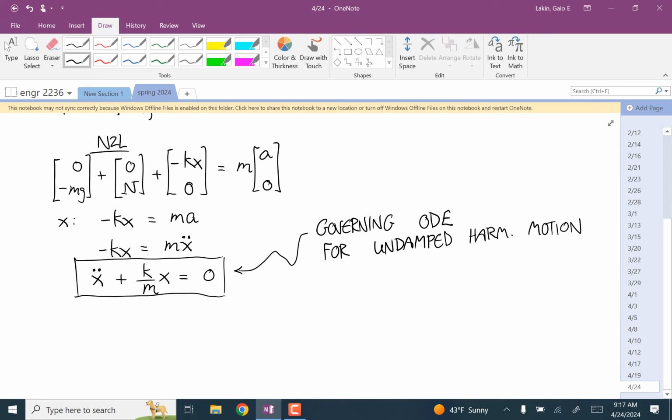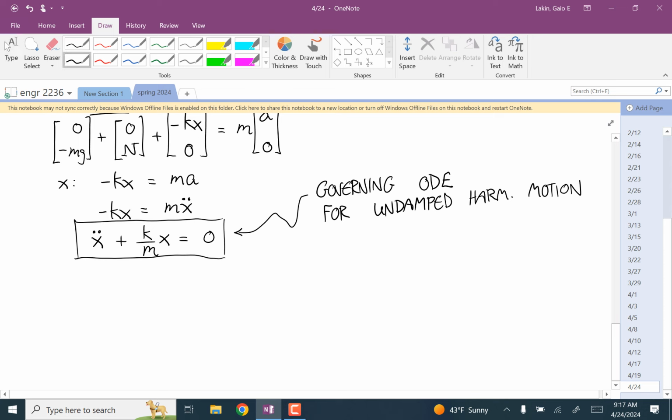Okay, so there's the governing ordinary differential equation for undamped harmonic motion. So what's a solution for that? Well, the people in D form have already seen this equation, and you know that both sine and cosine work for this. There are two possible solutions.